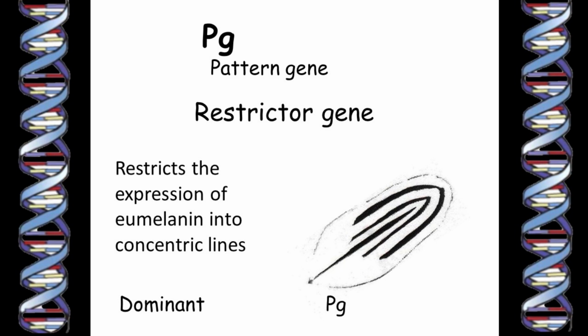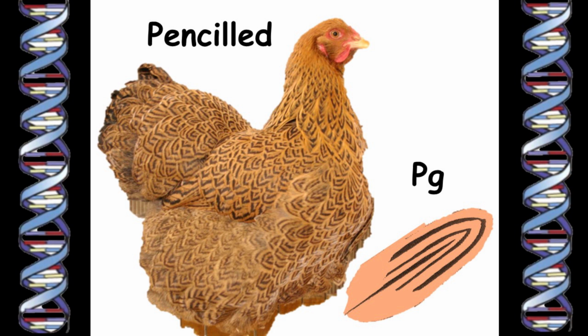In the case of the PG gene, the effect of this uneven pigment restriction is to push the black pigment into concentric lines around the feather, but it leaves the very outer edge of the feather ground-coloured, not black. The PG gene is inherited as a dominant gene. The pattern caused by the PG gene on its own looks like this, and it's usually called penciling.